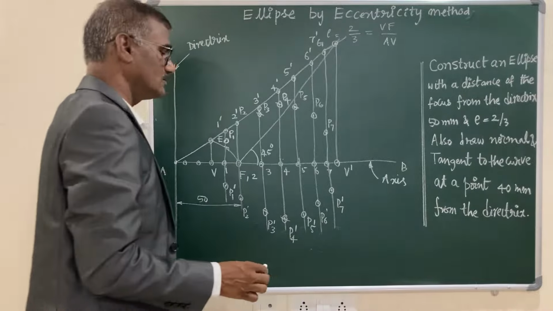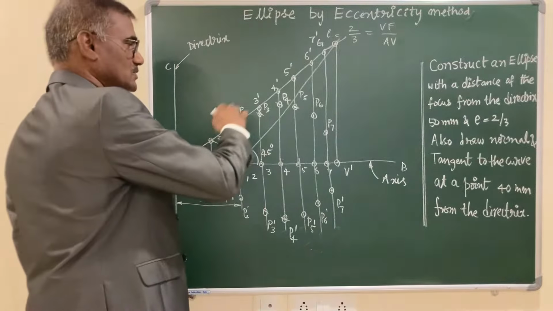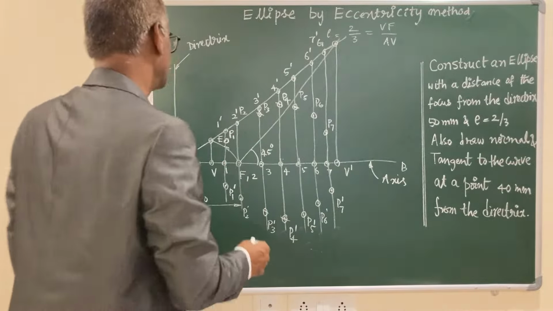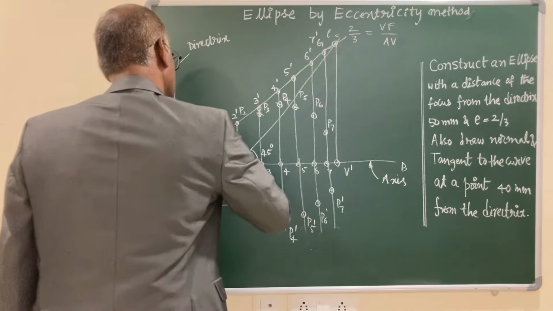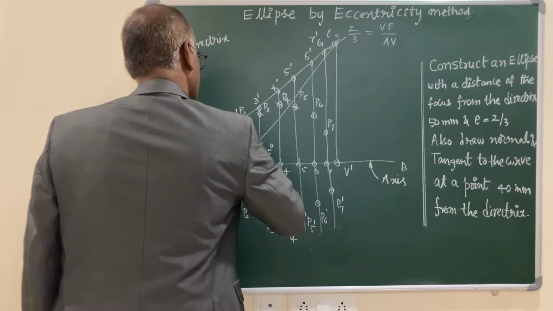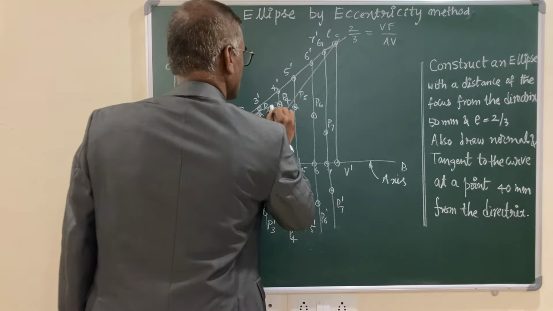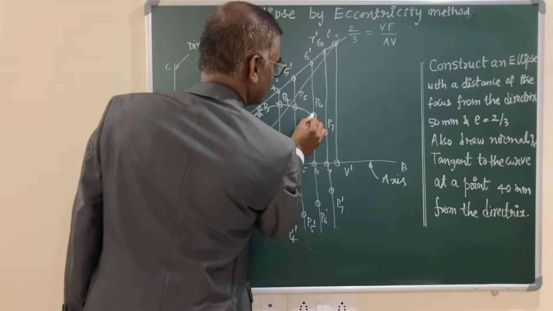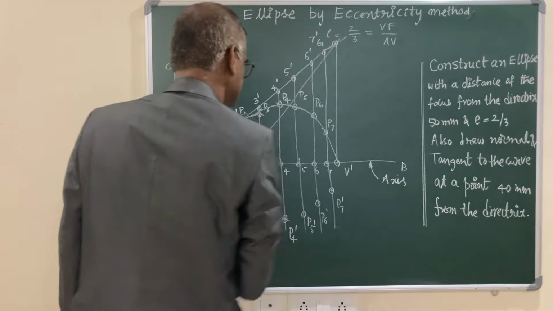Now you have located all the points. Using an HB pencil, pass through all these points to draw a smooth curve. V and V prime are the ends, and passing through each point, let us draw the curve freehand, passing through all the points. You can draw this in the beginning with a 2H pencil.